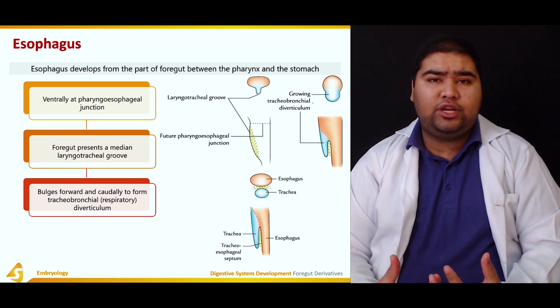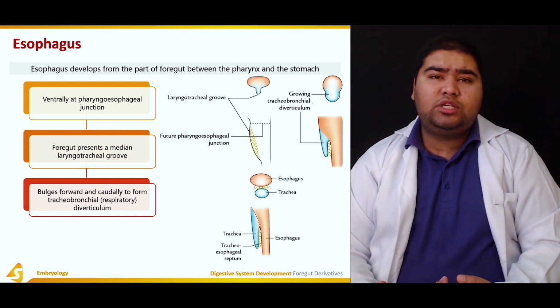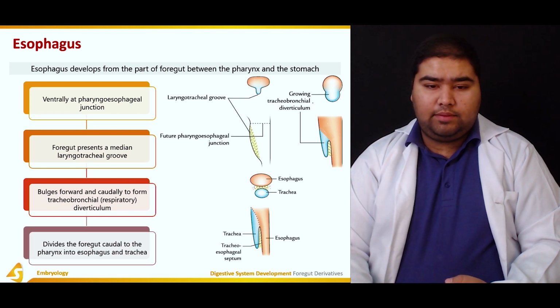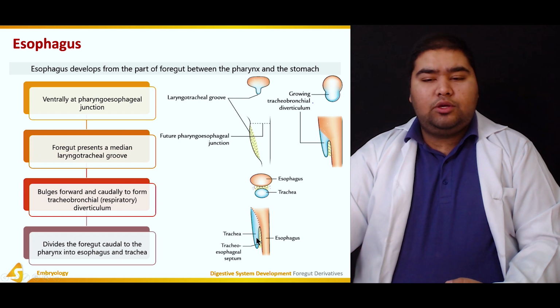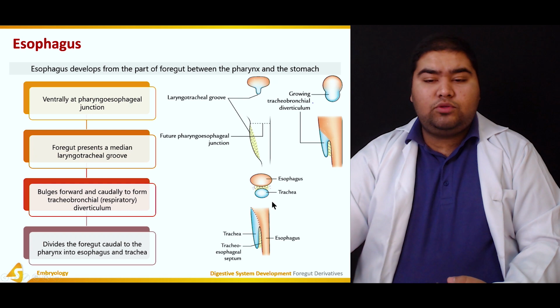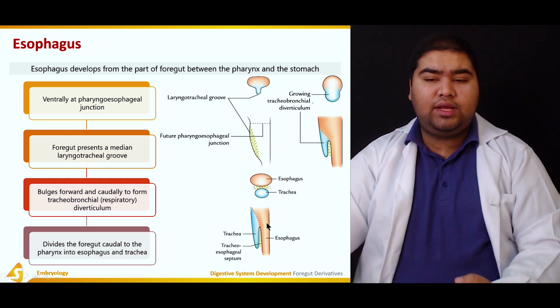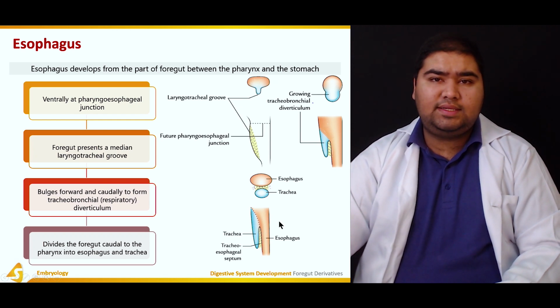This laryngotracheal groove then grew forward as well as caudally to form the tracheobronchial diverticulum. This tracheobronchial diverticulum, it grows further to form the trachea, and between the trachea and this forming foregut tube, there's a septum which is known as the tracheoesophageal septum.